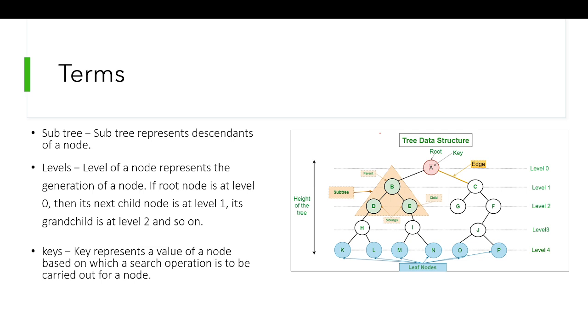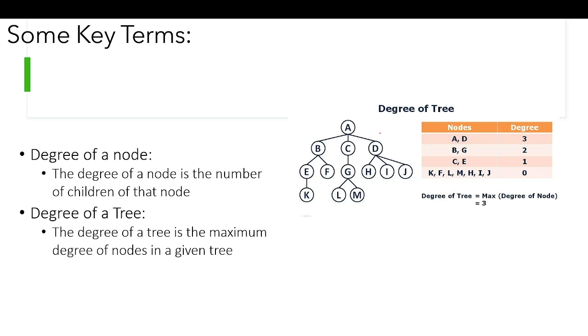So the tree data structure also has different generations. If the root node is at level 0, the next child node is at level 1, and so on. The key represents the value of the node based on which the search operation is to be carried out for the node. The next term we need to understand is the degree of a node.